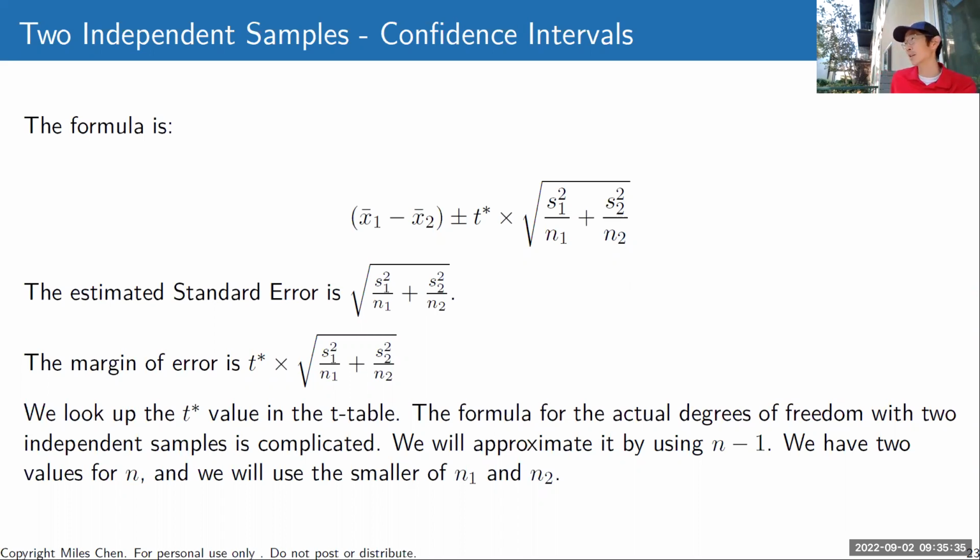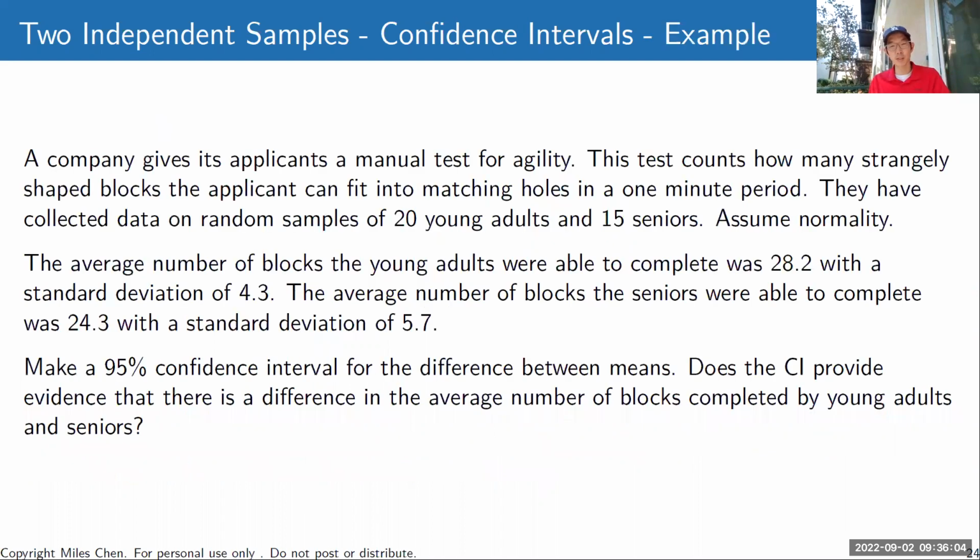They might say, do n1 plus n2 minus 2 or something, and that will tend to overestimate the degrees of freedom that you have. It's generally safer to underestimate your degrees of freedom than to overestimate. Okay, it's safer that way. So this formula underestimates the degrees of freedom. We're just going to use n-1 using the smaller of n1 and n2.